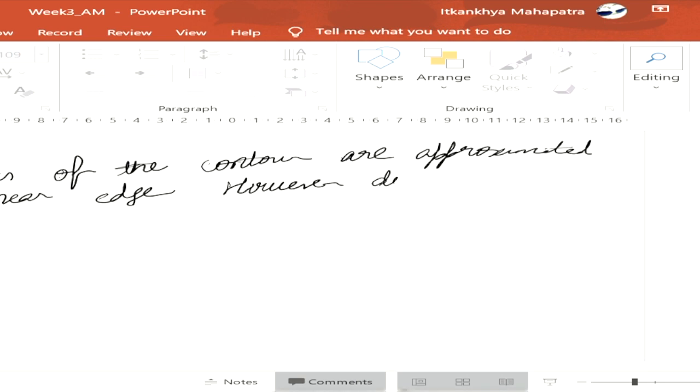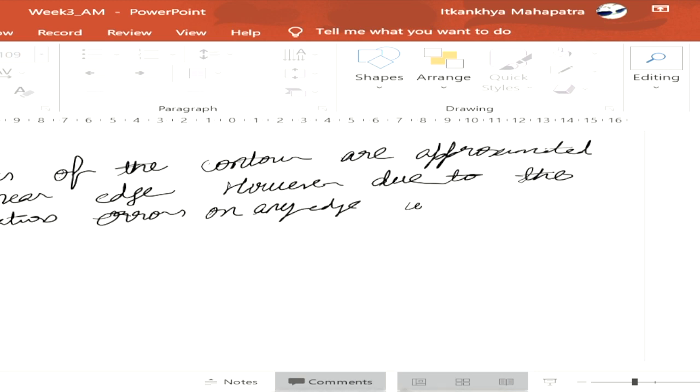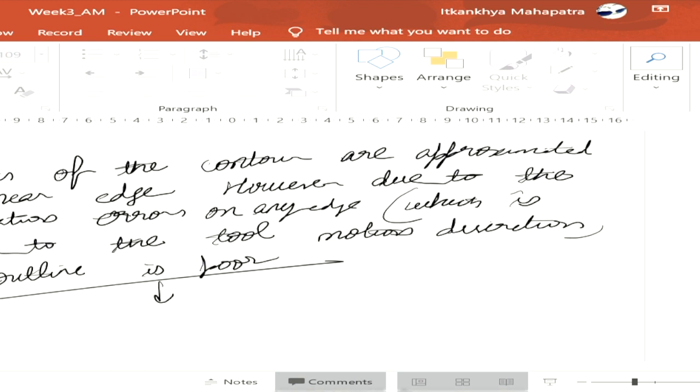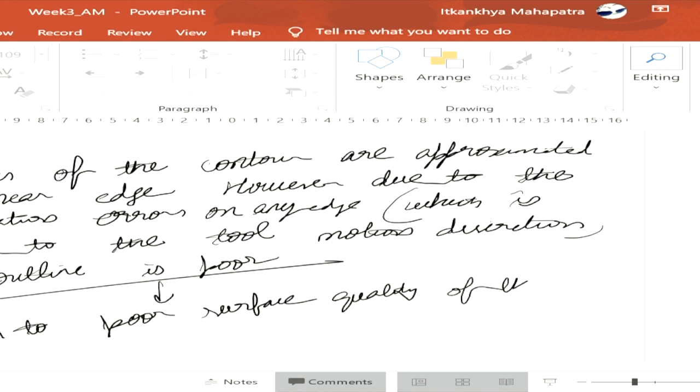However, due to discretization errors on any edge which is parallel to the tool motion, the outline is poor and leads to poor surface quality of the printed part.